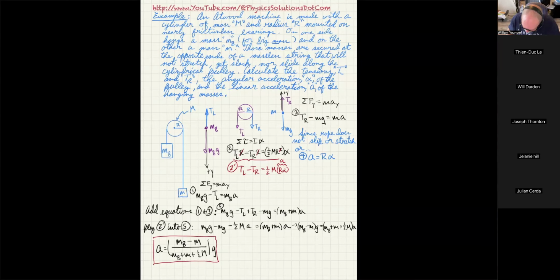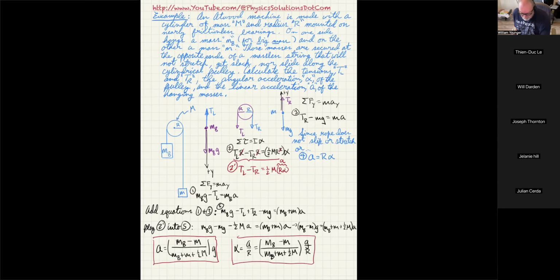Now I can also find out what alpha is because alpha is just A over R. So in this case, I can say alpha, which equals A over R, is clearly MB minus M over MB plus M plus 1 half big M times, now I'm going to multiply by G over R, and that gives me alpha.